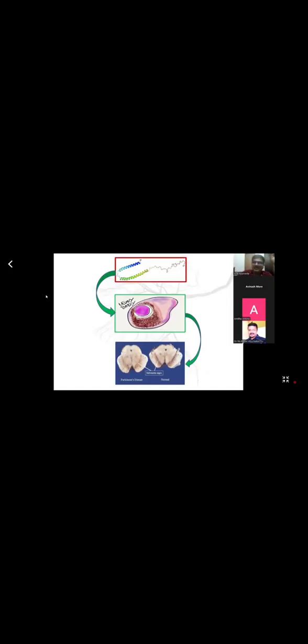Now we will see how the disease is staged. In 2003, there was a method of staging introduced by a neurosurgeon called Braak, who explained the stage by stage development of this disease, from the gut to the brain.